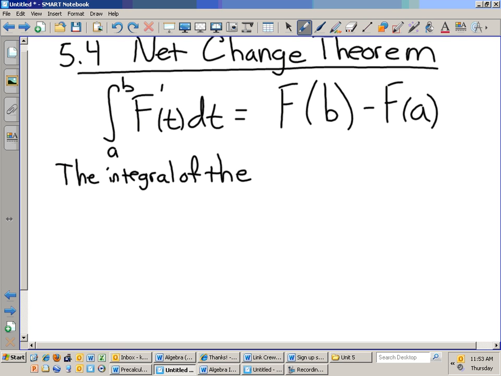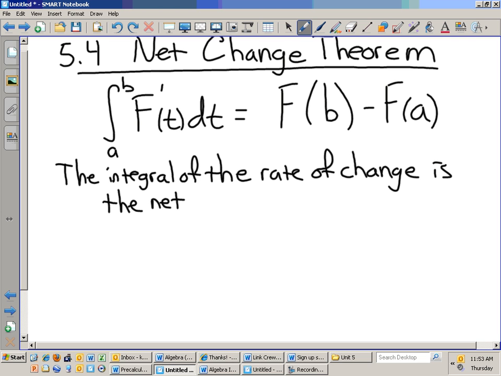The integral of the rate of change is the net change. The integral of the rate of change is the net change.